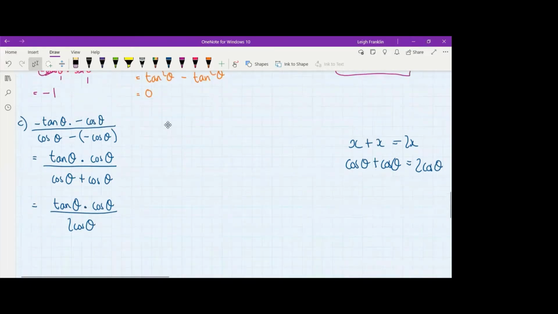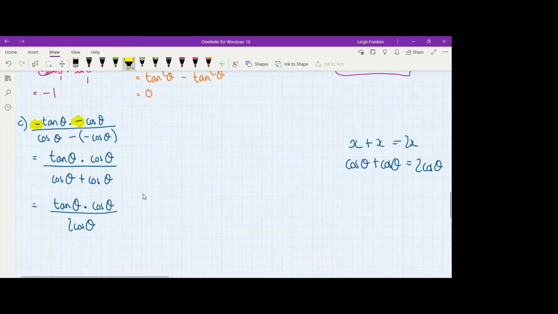Okay, so what I did there is I simplified my signs and I said that a negative times a negative is a positive. I just didn't write the positive sign. Does that make sense to you? No problem. All right, and then at the bottom, when I subtract a negative, I'm adding. So that gives me 2 cos theta at the bottom.